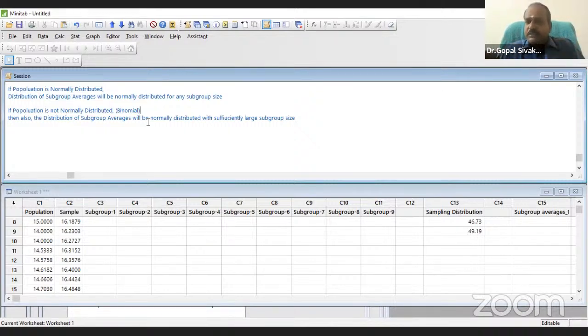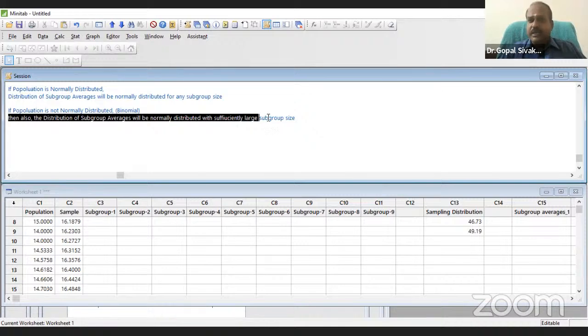Once I know the distribution, my predictions will come correctly. Do you all agree with me? If the distribution is normal, once you understand, then you can find out the probability. Am I correct or not? Yes or no? Yes, sir. We don't know anything about the population, but we know that the distribution of subgroup average will definitely fall normal distribution if I gradually increase the subgroup size from 2 to 3, 3 to 4, 4 to 5.